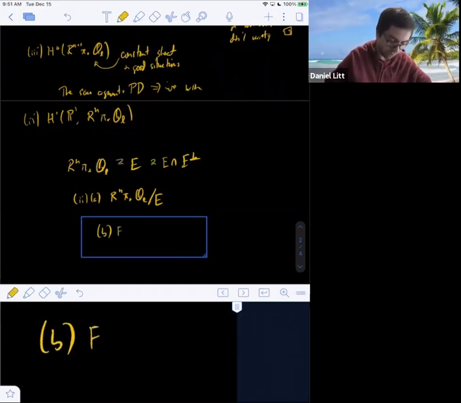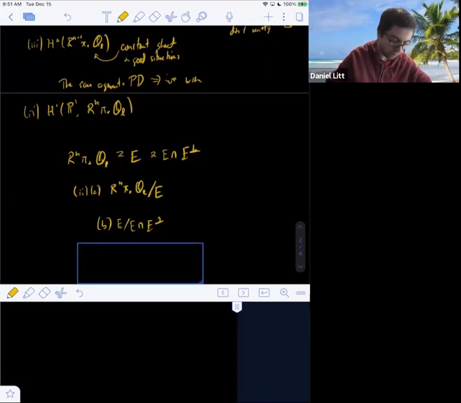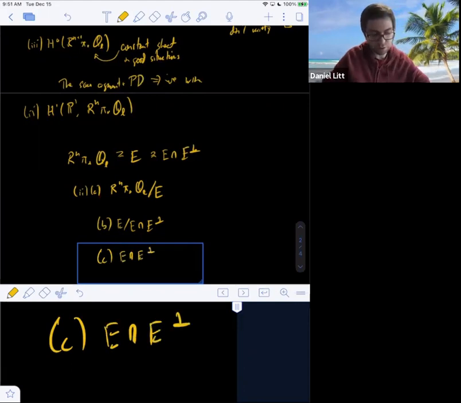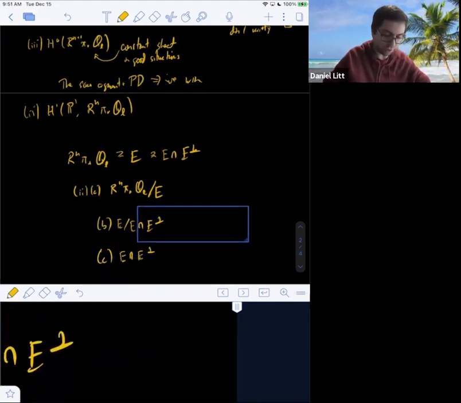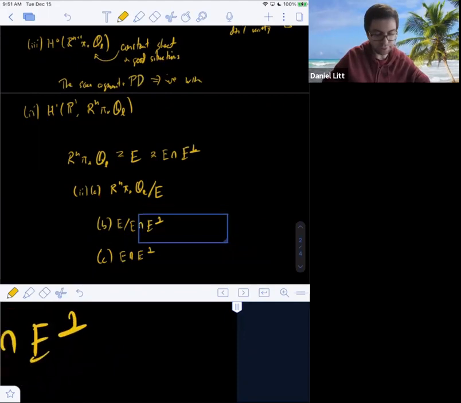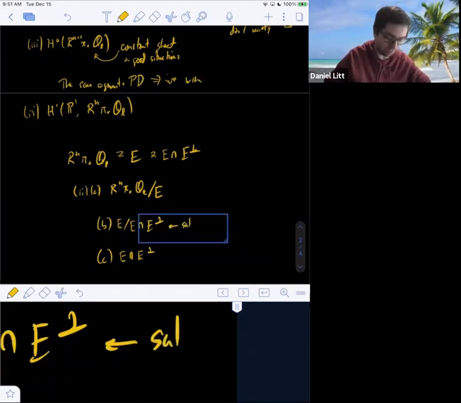We're going to study E mod E intersect E orthogonal complement. And then C, we're going to study just E intersect E orthogonal complement. The content of most of what we did at the end of last time was to check that this satisfies the hypotheses of the main lemma.